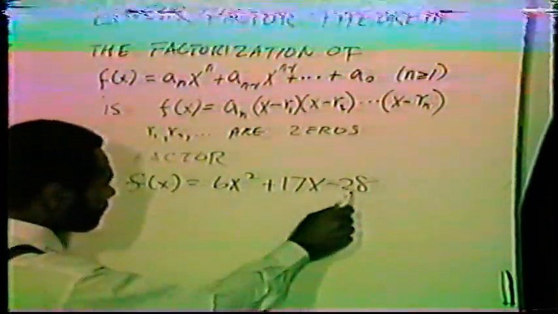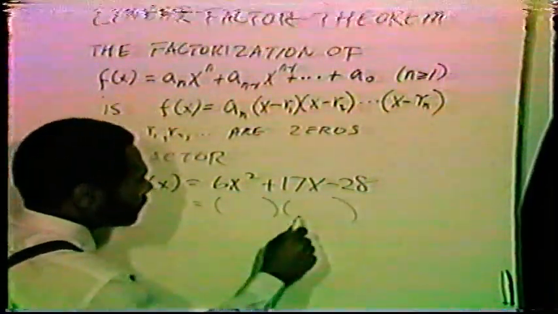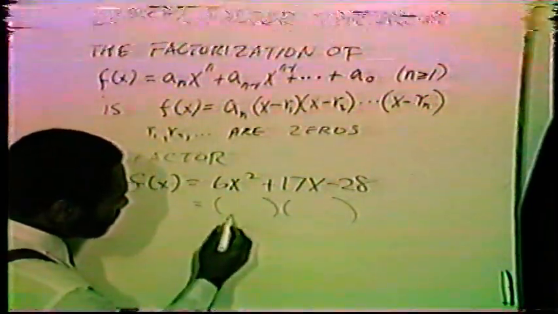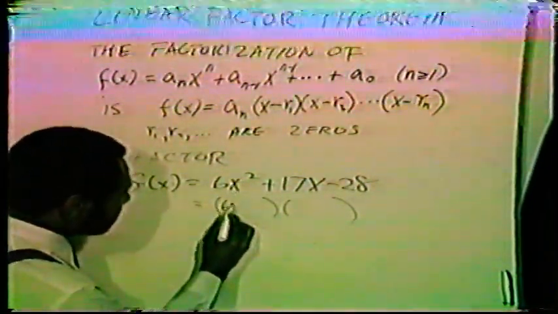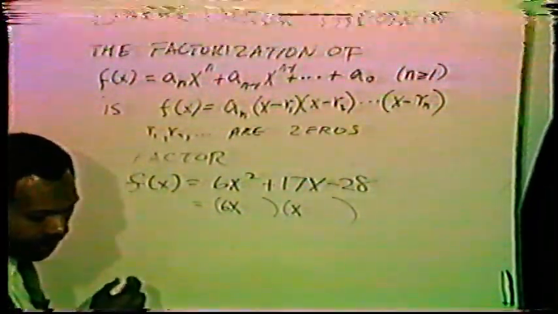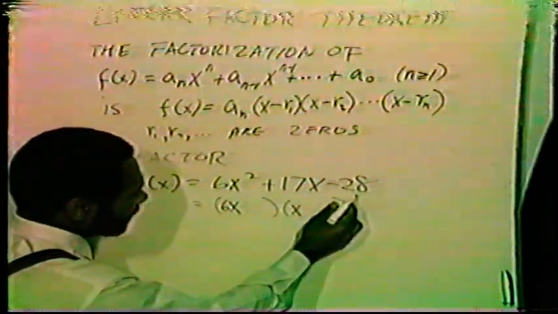We have a quadratic trinomial here, so that means that we would get two binomial factors. When we multiply the first two numbers together, we have to get 6x squared. So here we would have 6x, and here we would have x.